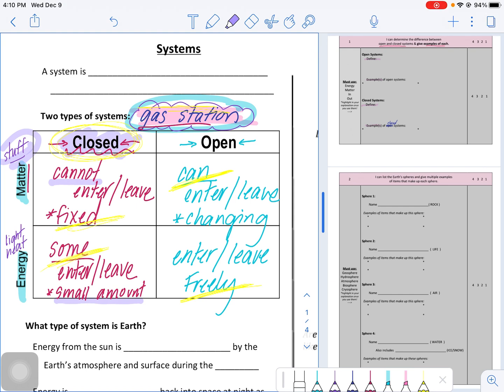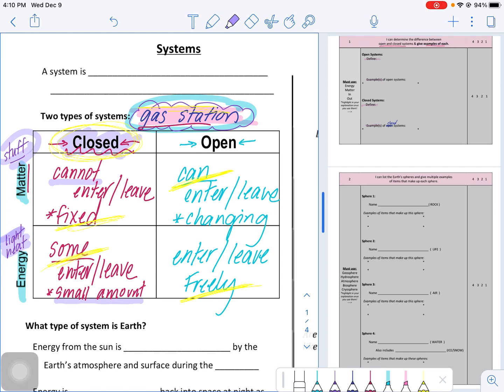The energy, however, is able to still enter and leave occasionally or on a low level. Some energy can enter and leave, and that's possible because when we think about what that energy is, light energy and heat energy, even though the building's closed and locked, that energy can still infiltrate, water cycle word, in and out of that system. For example, light energy, right? The gas station has windows.